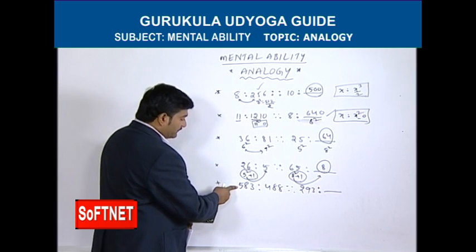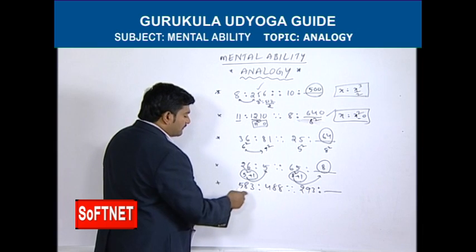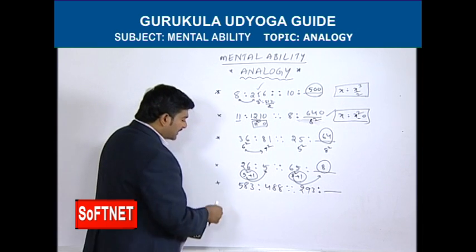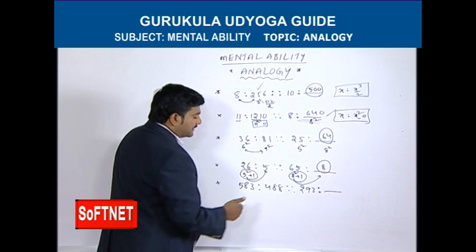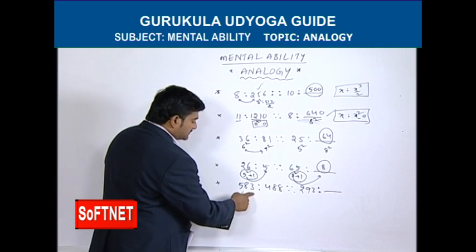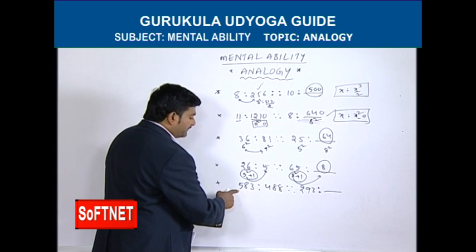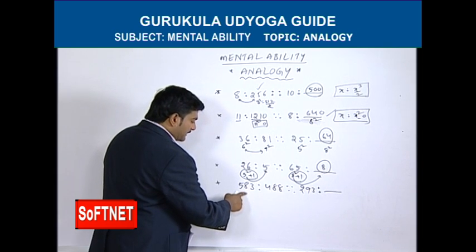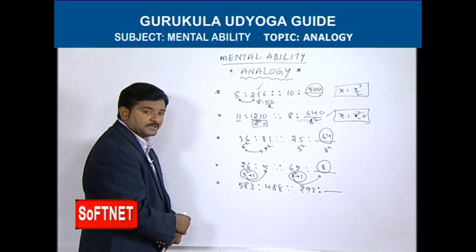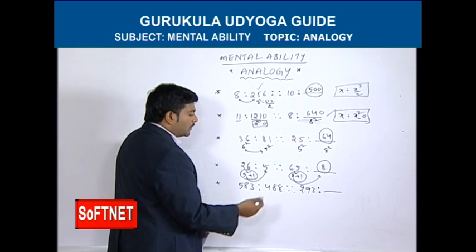How? 5 becomes 4, which means reduced 1. Similarly, 8 is written as it is, and 3 becomes 8, which means plus 5. So minus 1, plus 5, and writing 8 as it is. That is one way. So what do you have to write here?